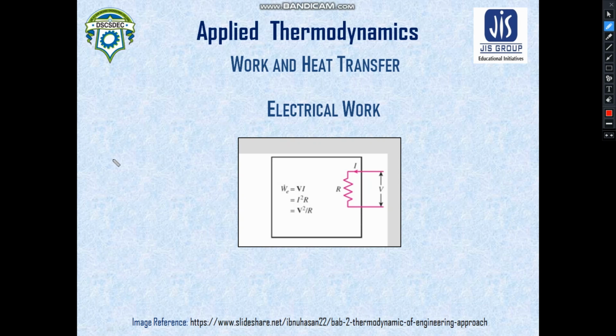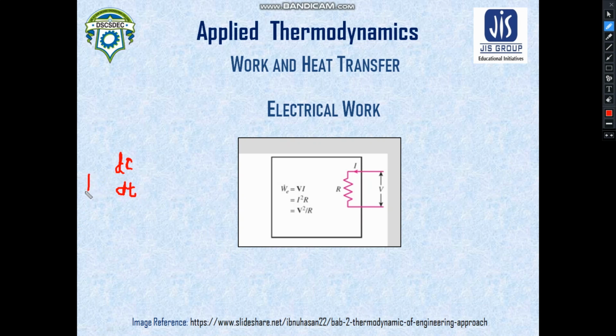Regarding that, we need to assume some fundamental information, like we shall assume that dC amount of charge has flown through the electrical resistor in a certain time period dt.